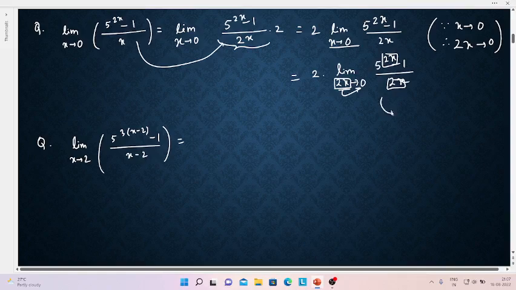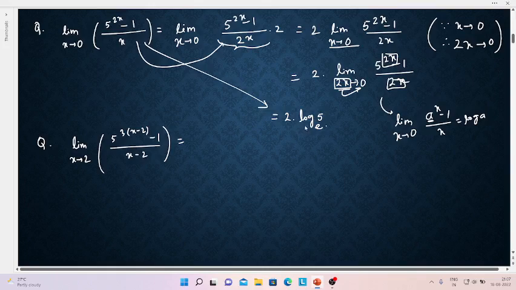So this is the form of limit x tending to 0, a to the power x minus 1 upon x, which is nothing but logarithm of a. So that can be written as 2 times logarithm of 5 with base e, right? So the value of this limit is 2 times log 5 base e.